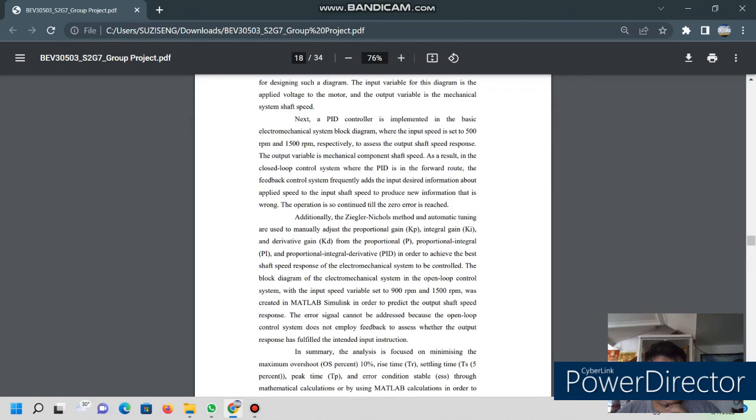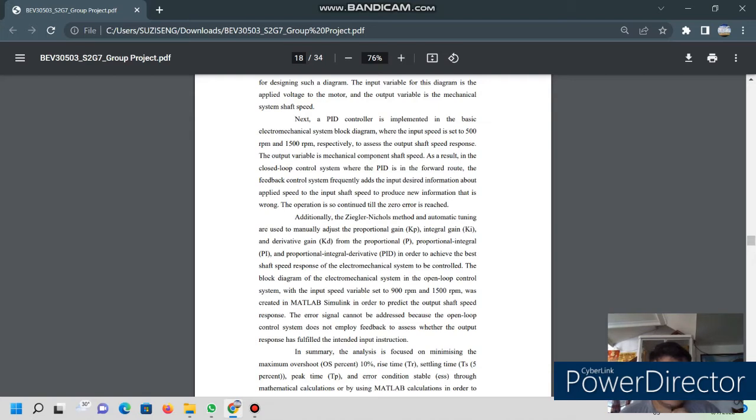Besides that, the Nichols method and auto tuning are used to adjust the KP, KI, and KD for proportional P, proportional integral PI, or PID, in order to achieve the best shaft speed response of the electromechanical system to be controlled.